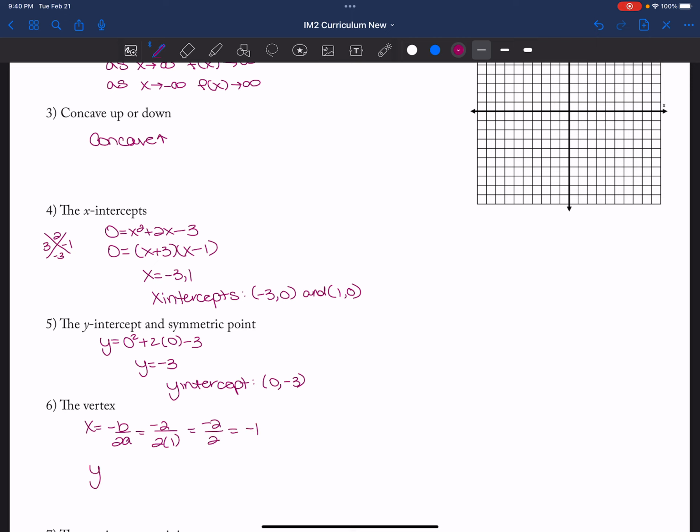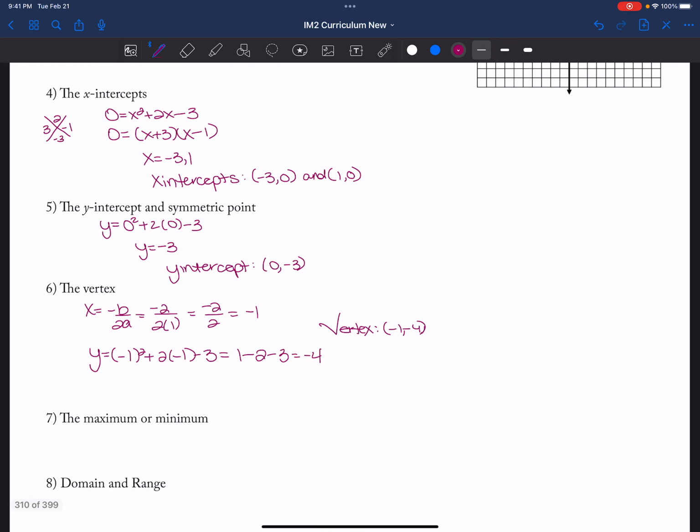So y is equal to negative 1 squared plus 2 times negative 1 minus 3. So that's 1 minus 2 minus 3, which gives me negative 4. So my vertex is negative 1 comma negative 4.